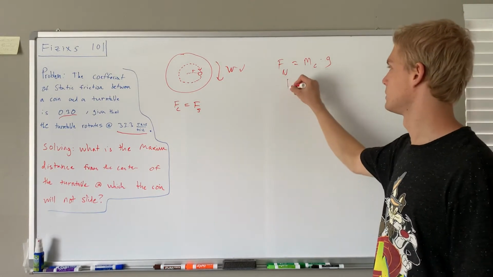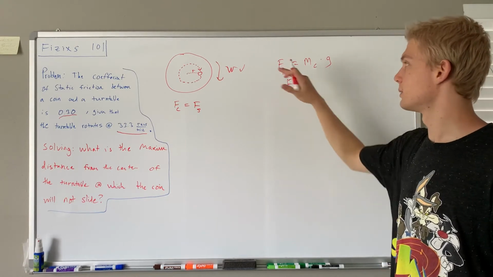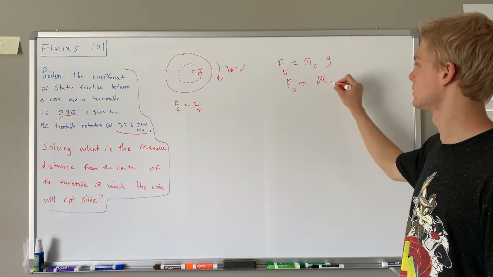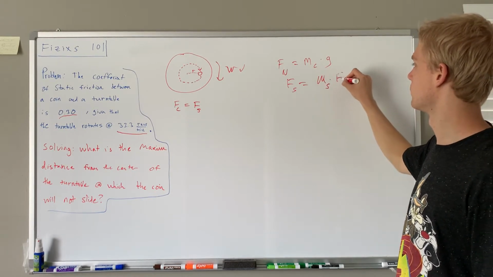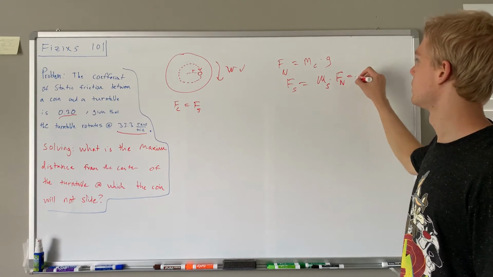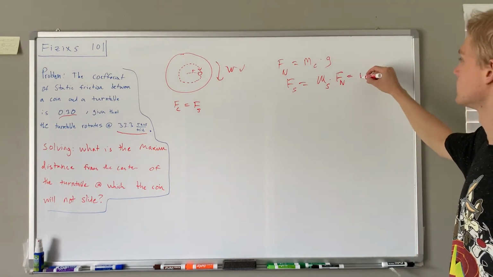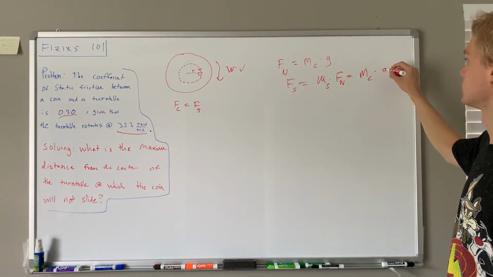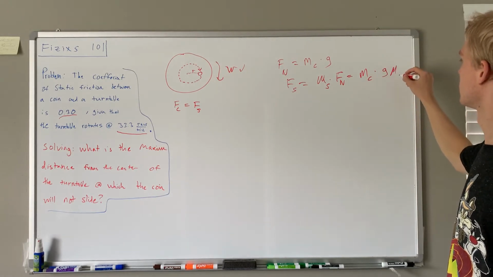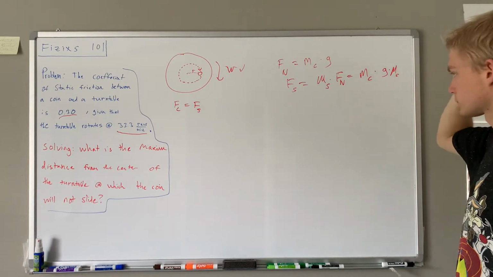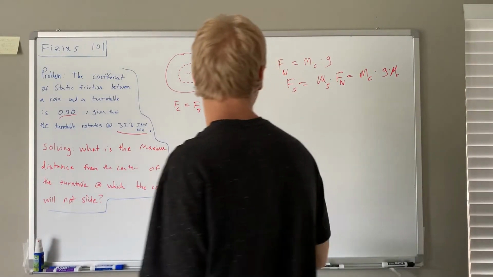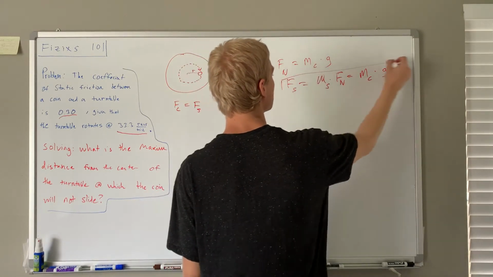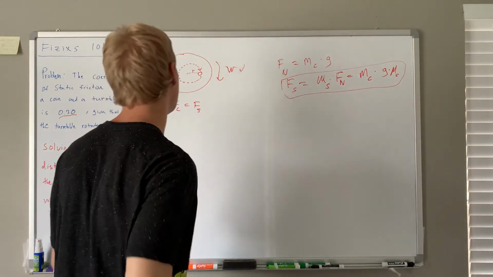And then static friction is related to the normal force by the coefficient of static friction times the normal force, which gives you the maximum force of friction. So that's what you need to know for that.